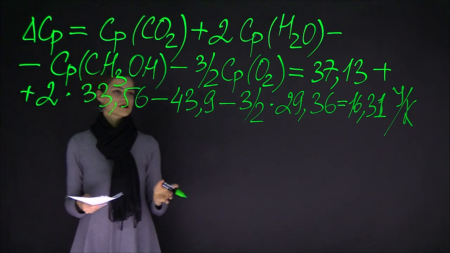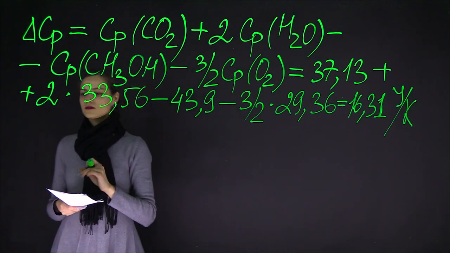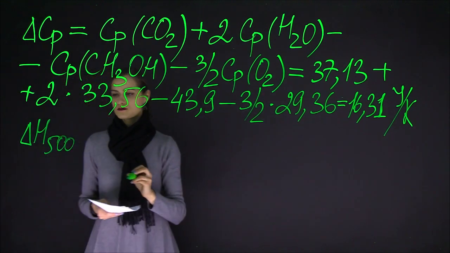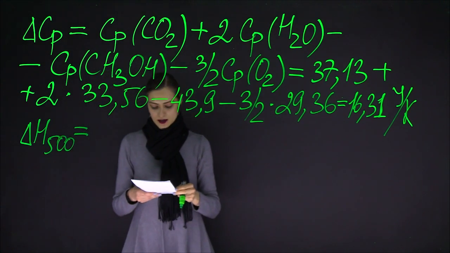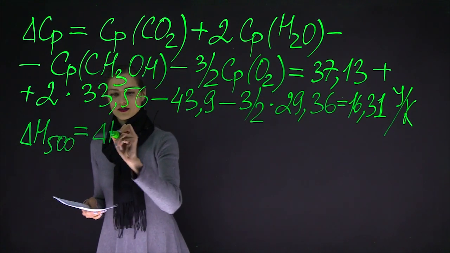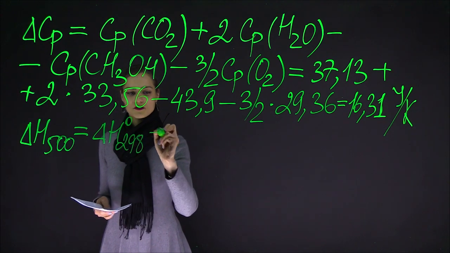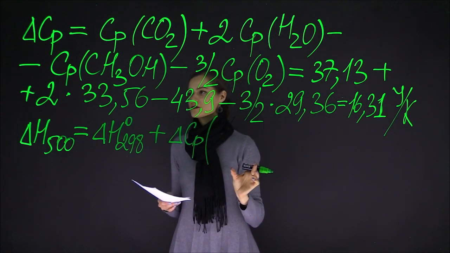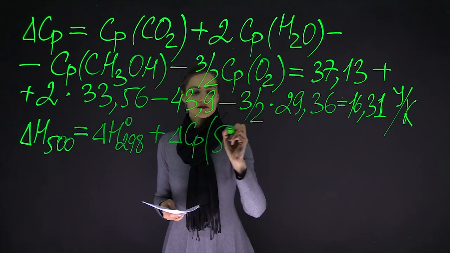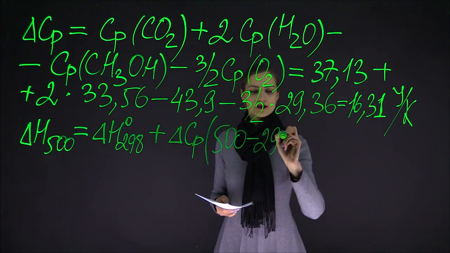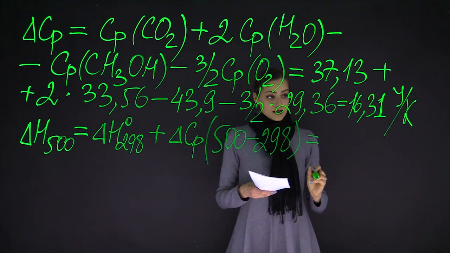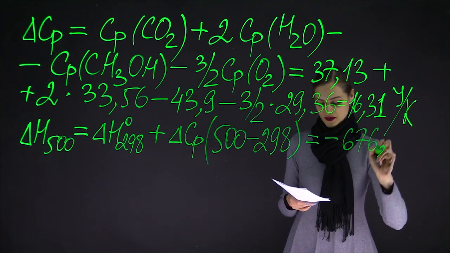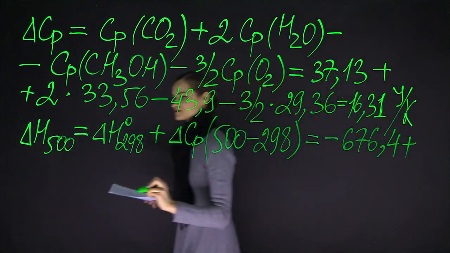Okay, and now we can easily put all these numbers in Kirchhoff equation and calculate heat effect at 500 kelvins. So once again, it will be heat effect in standard conditions plus delta Cp multiplied by difference of temperature, 500 minus 298. So let's put numbers: minus 676.4 plus.